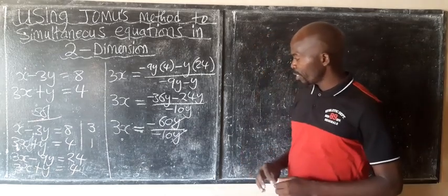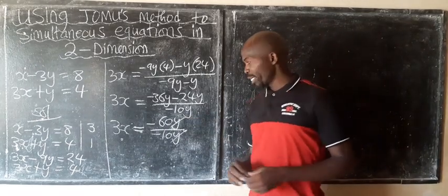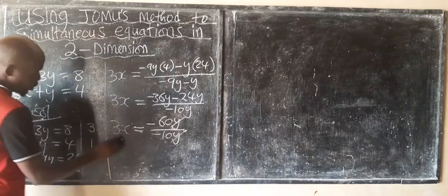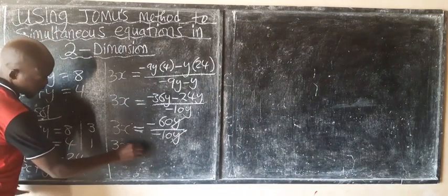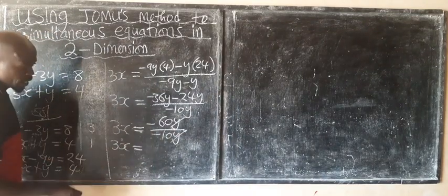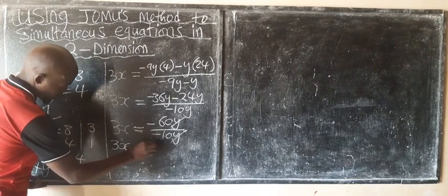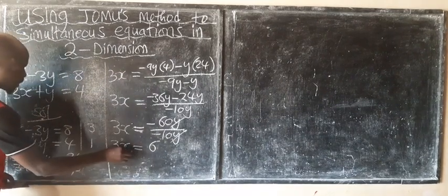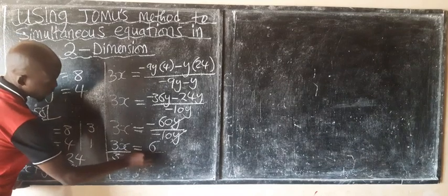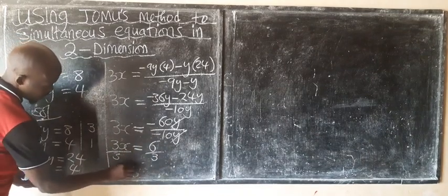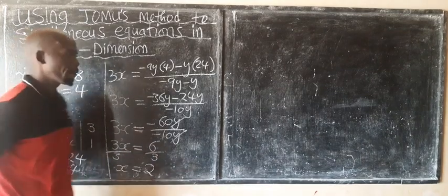Then the next thing is to divide negative 60 by negative 10. So 3x equals negative 60 over negative 10, which gives me positive 6. Then I divide by 3 on both sides, and x will be equal to positive 2.